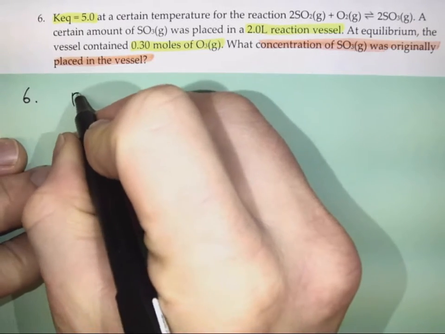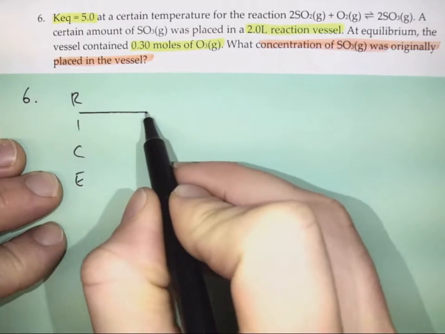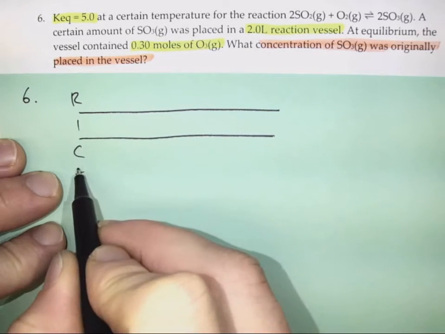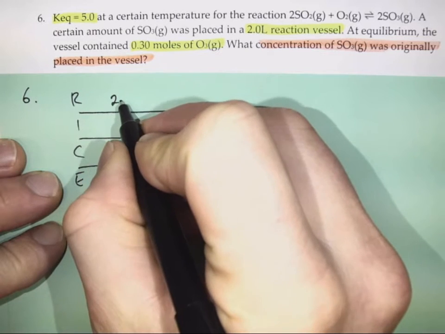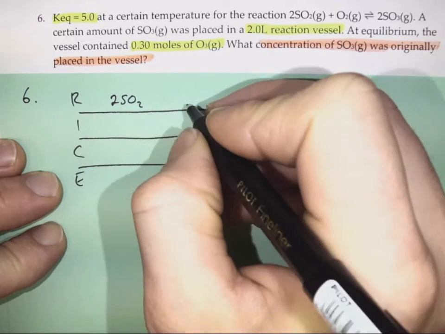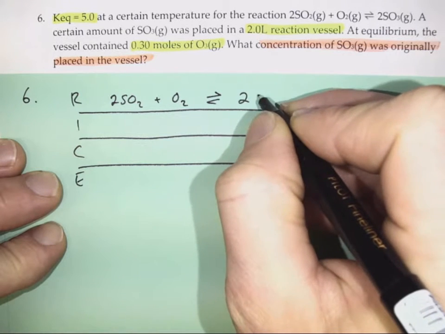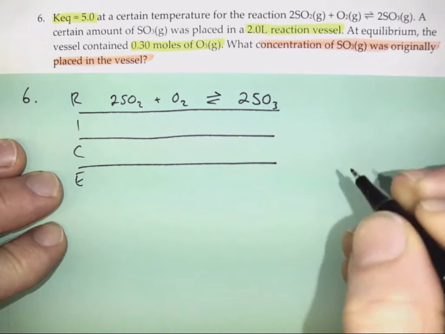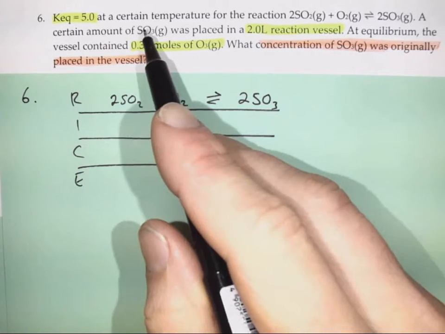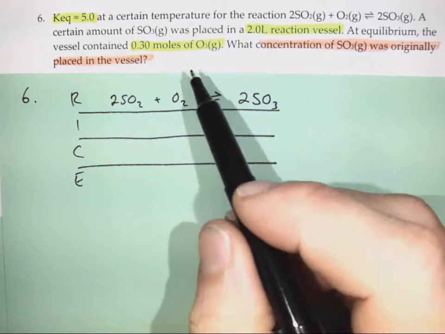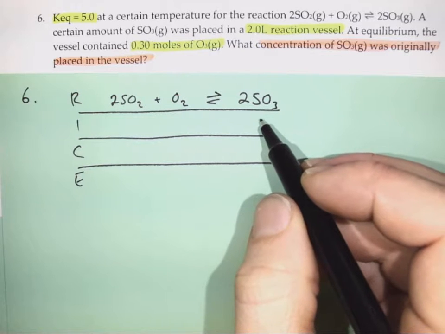All right, so right now, we don't know very much. But we know the reaction, so I'm going to write that in. 2SO3 goes to 2SO2 plus oxygen. Again, they're all gases, so I'm going to just leave out their phase for now. And what do I know? I don't know anything about my initial situation, except I know there was some initial sulfur trioxide.